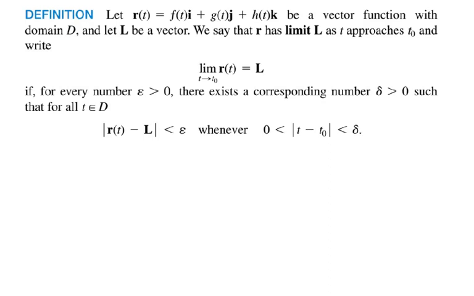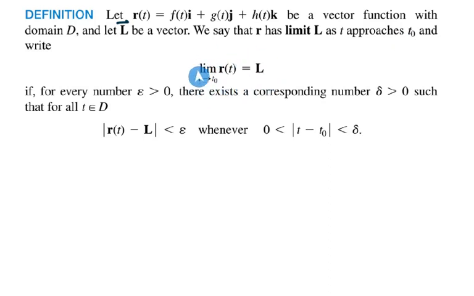Let it be a vector function with a domain D, L representing the limit. The limit is also a vector. So if I wanted to, I could put my little vector notation. Notice that it is bold. And we say that the vector r has a limit vector L as t approaches t sub 0. And then we write it this way.